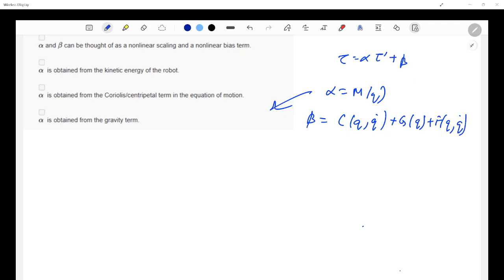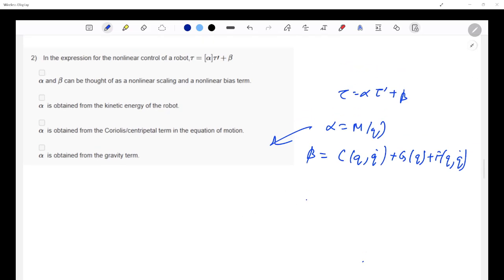M(q) into q double dot is equal to torque if the other matrices are 0. So it is basically a scaling factor that converts acceleration into torque. It is also configuration dependent, which means that it is non-linear. So alpha acts like a non-linear scaling term.